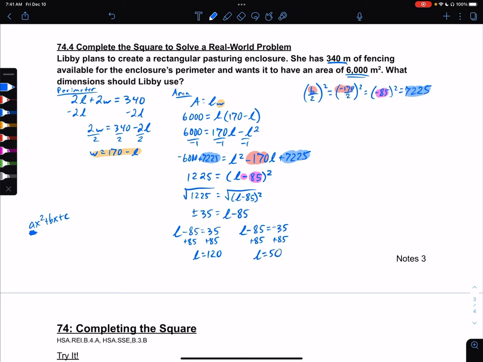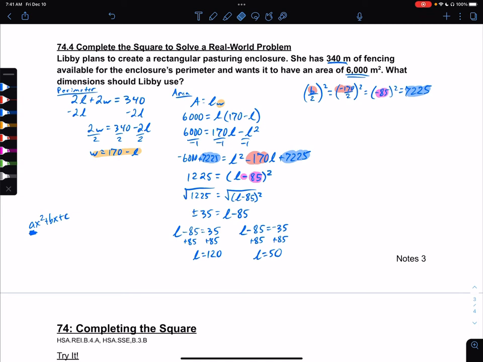Sometimes you'll get a positive solution and a negative solution. Since we're talking about distance or length, in terms of measurement, our solutions would have to be positive. In this case both of them are positive, so either one could be a solution. We want to plug this in and see what happens.